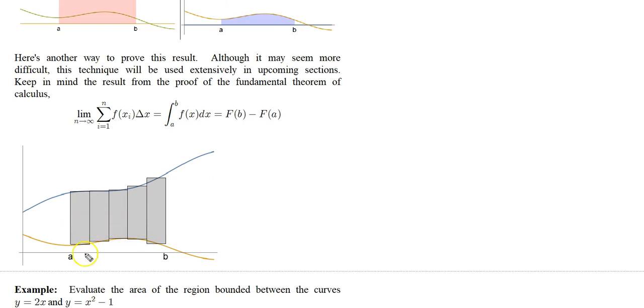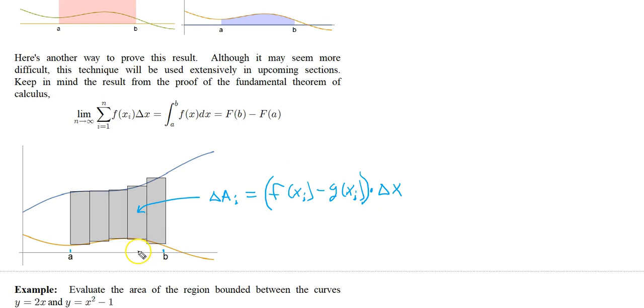So right here, if we take the interval from a to b and partition it into n subintervals, the area, for example, of this ith rectangle right here, call it delta A sub i, that's going to be like that. Right?